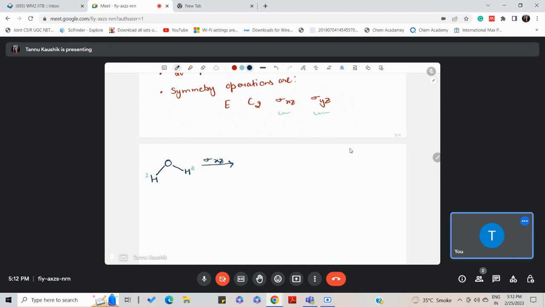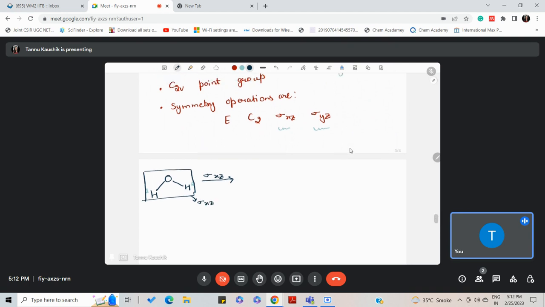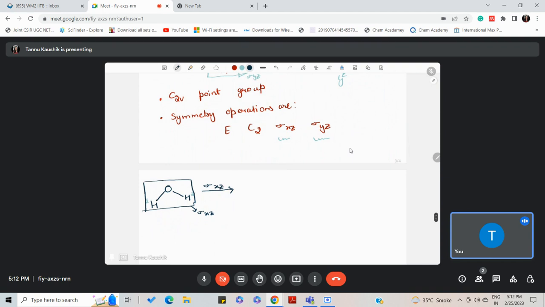First we will apply sigma xz. So sigma xz is the molecular plane. Okay, this is the molecular plane, sigma xz, as I have shown in the coordinate system.